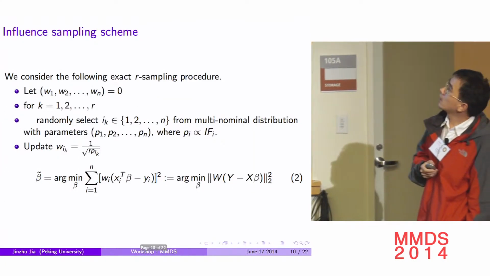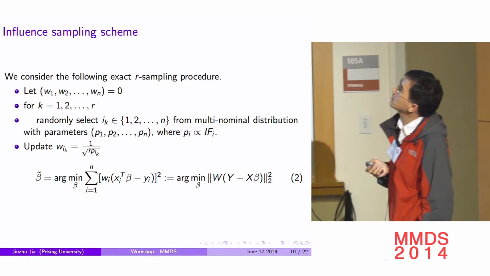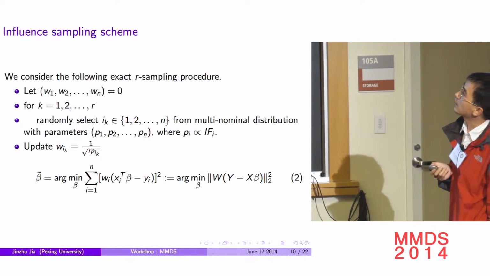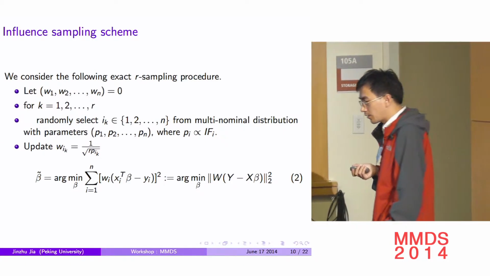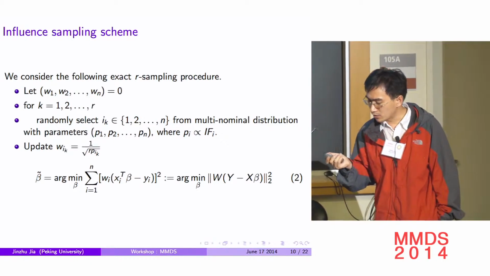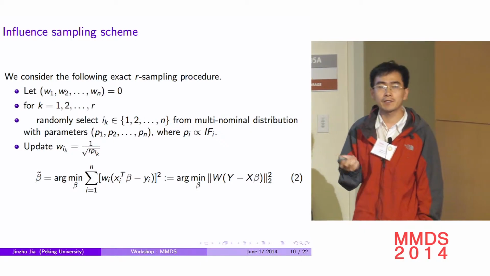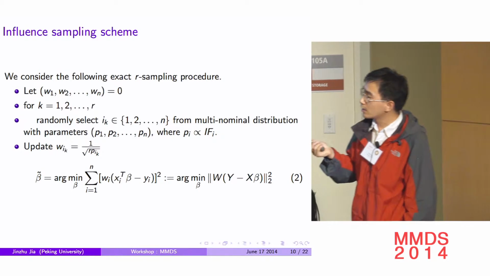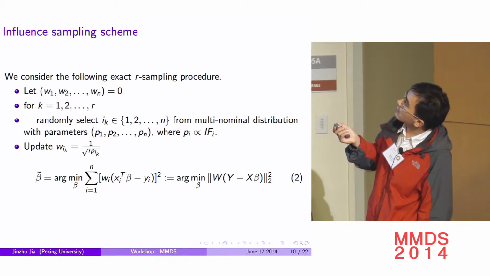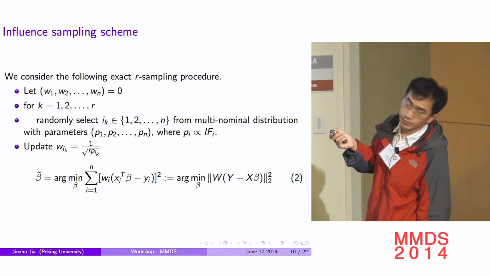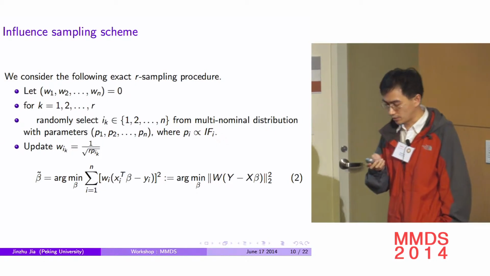So now we just use this influence score as the sampling probability. It is very similar to the leverage score sampling. The only difference now is that we use the influence score as the sampling probability instead of the leverage score proposed before.